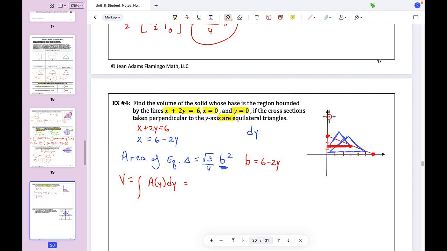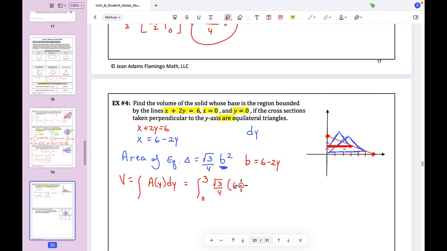Now we're talking about the y-axis this time. All of our triangles are stacked, or we're summing them all together, but we're going along the y-axis. So we're integrating from 0 to 3, because it crosses the y-axis at 3. And we're looking at square root of 3 over 4 base squared.